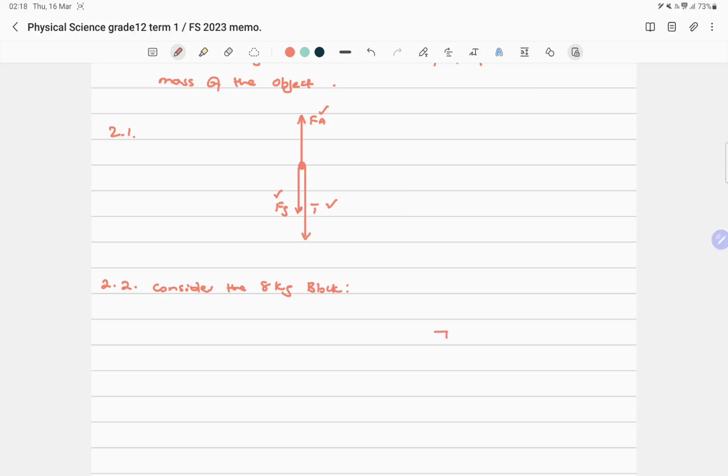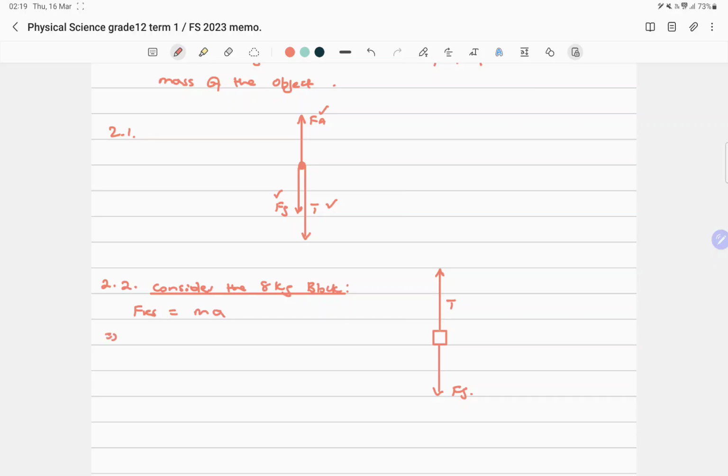We know that the 8 kg block, there's 2 forces acting on it. It is the tension and its weight. Okay? Alright, so using Newton's second law, we know that the resultant force equals ma.